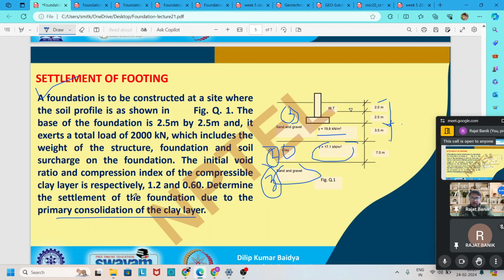Actually, it is not said which layer, but the question says to determine the primary consolidation. We know that primary consolidation mostly happens in the clay layer, so we have to find the settlement in the clay layer.